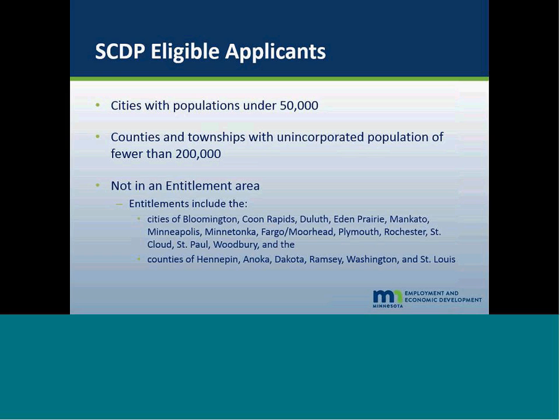Entitlements would include the cities of Bloomington, Coon Rapids, Duluth, Eagan, Mankato, Minneapolis, Minnetonka, Moorhead, Plymouth, Rochester, St. Cloud, St. Paul, Woodbury, and the counties of Hennepin, Dakota, Ramsey, Washington, and St. Louis.